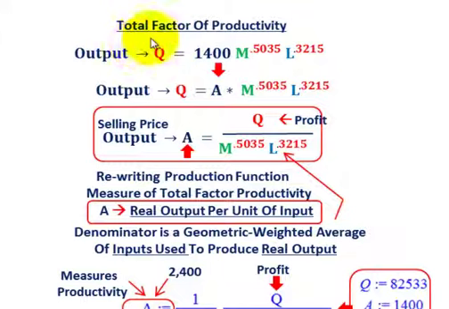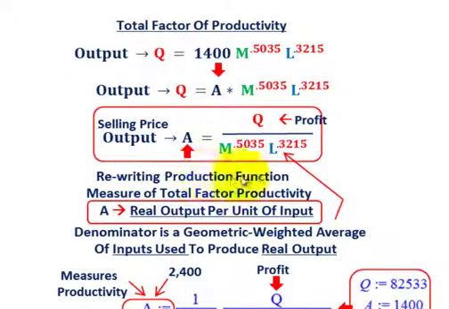All right, so now this is what we're really going to be dealing with, the total factor of productivity. So this was our production function and our output here, and we'll just say this $1,400 revenue per unit, we'll change it to some amount A here. Okay, and that's times our material and labor. So let's just rearrange this equation.